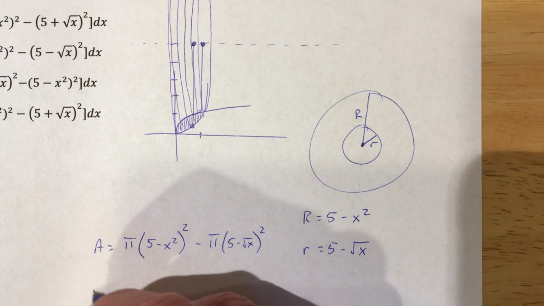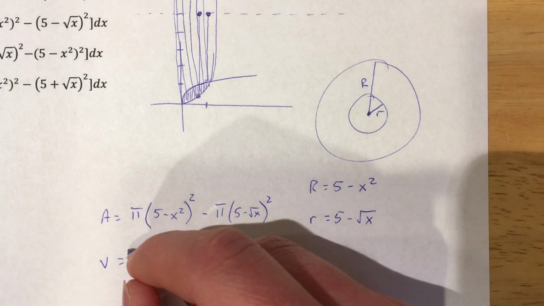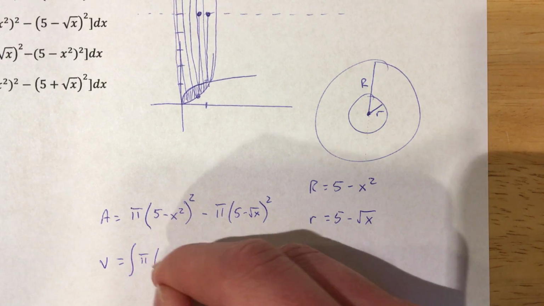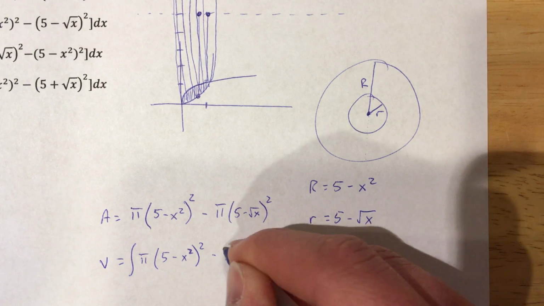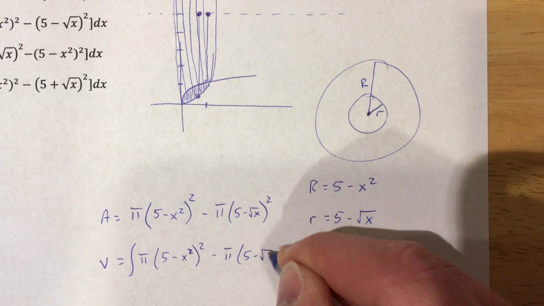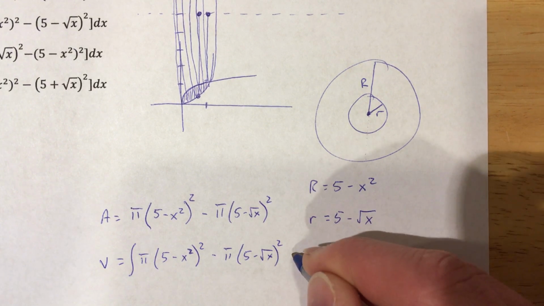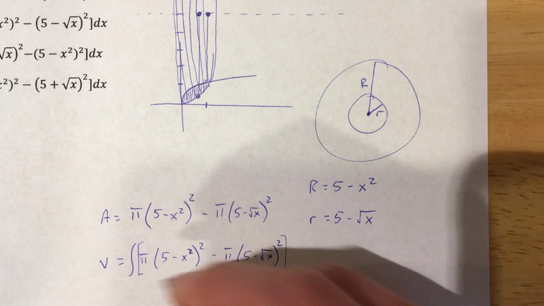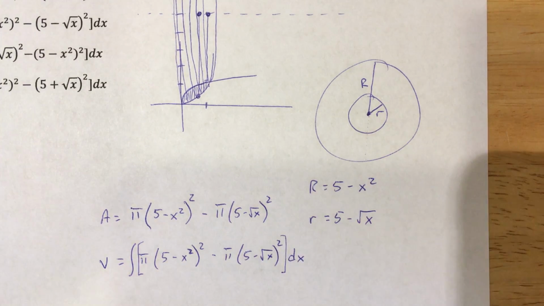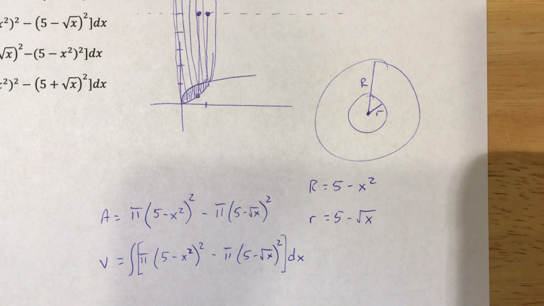To turn that into volume, you take the integral of the area of a cross section, pi times (5 minus x squared) squared minus pi times (5 minus square root of x) squared. It's still area at this point until I give it another dimension, and that's this dx. That dx is going to give it a depth now, and all of a sudden we're finding volume.